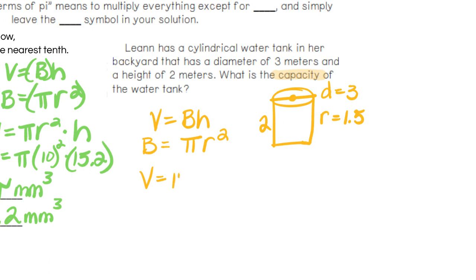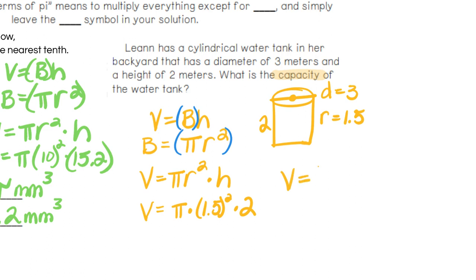So volume equals pi r squared times the height. Again, all I did was take this piece and put it in for B. Now I'm going to plug in everything else. So volume equals pi times our radius, which is 1.5 squared times 2. So I got that my volume equals 14.13 meters cubed. So this would be the volume of that cylindrical water tank.